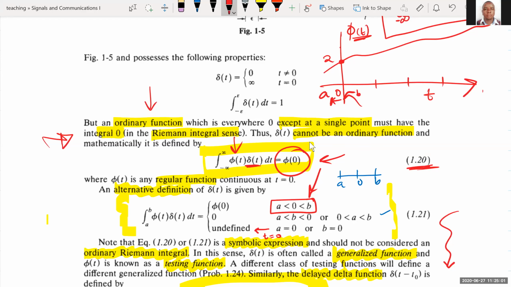So when we are trying to find the value of phi t for a less than 0 and b bigger than 0, it is going to give us the value of phi at 0.